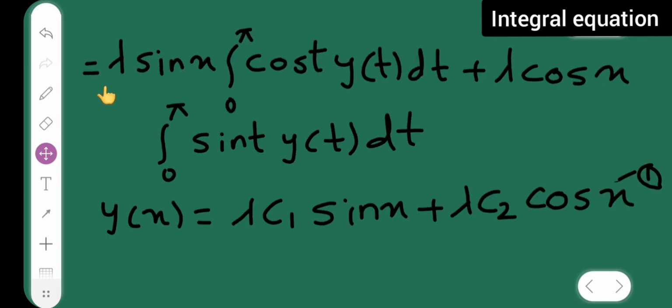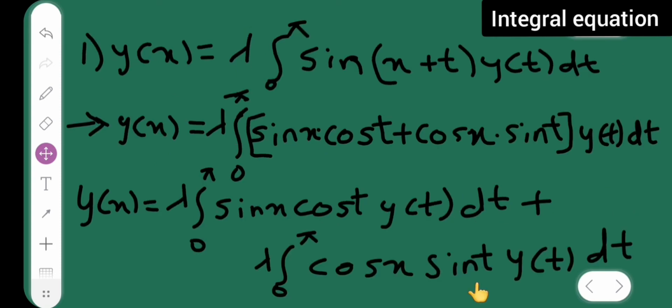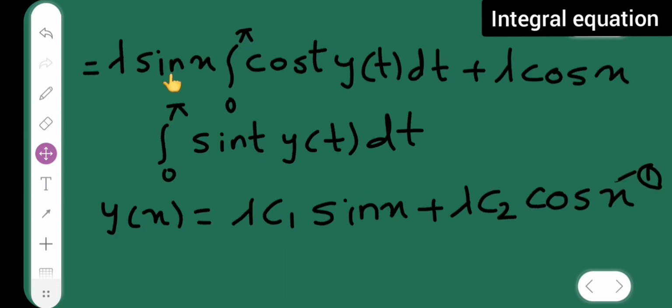Now this is equal to what? Lambda sine of x. So the terms which are with x, I have to take it out, okay? So that's what I have done, is equal to lambda sine of x integral 0 to pi cos of t y of t dt plus lambda cos of x, so I have taken this x term outside, with integral from 0 to pi sine of t y of t dt.